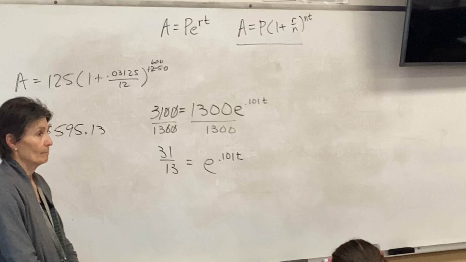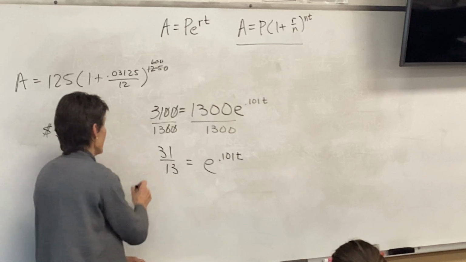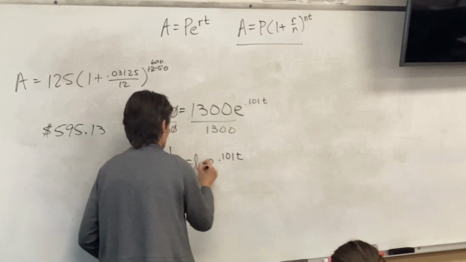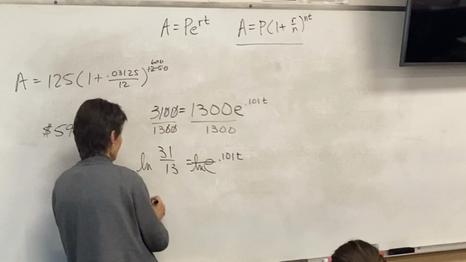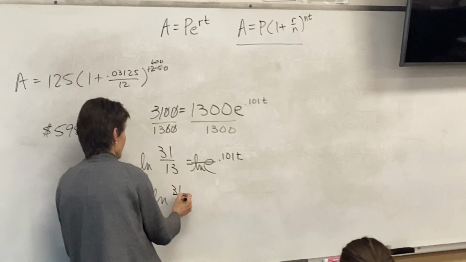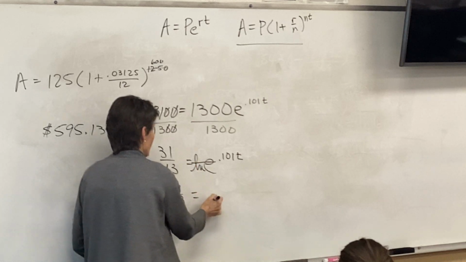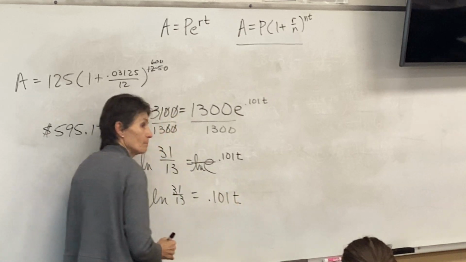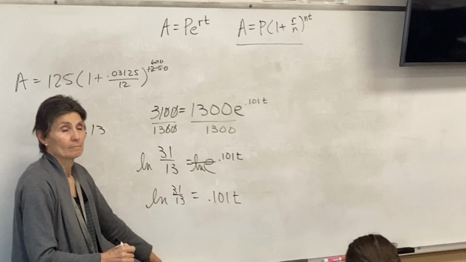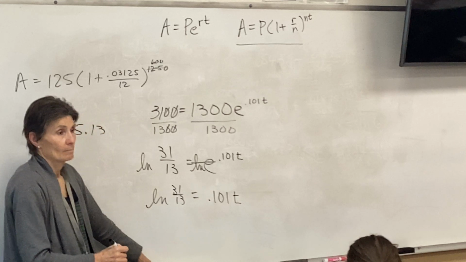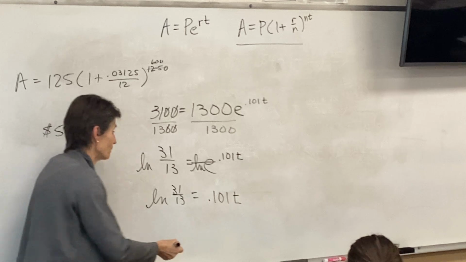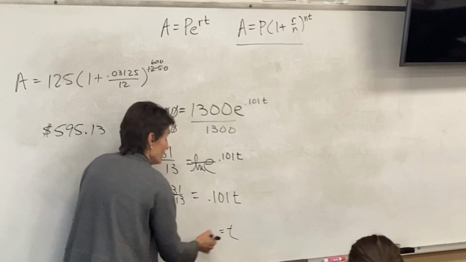Now what? ln both sides. Those are going to cancel. So ln of either 3,100 over 1,300 or 31 over 13 equals 0.101 t. Remember, you're solving for t, so all you need to do is what?